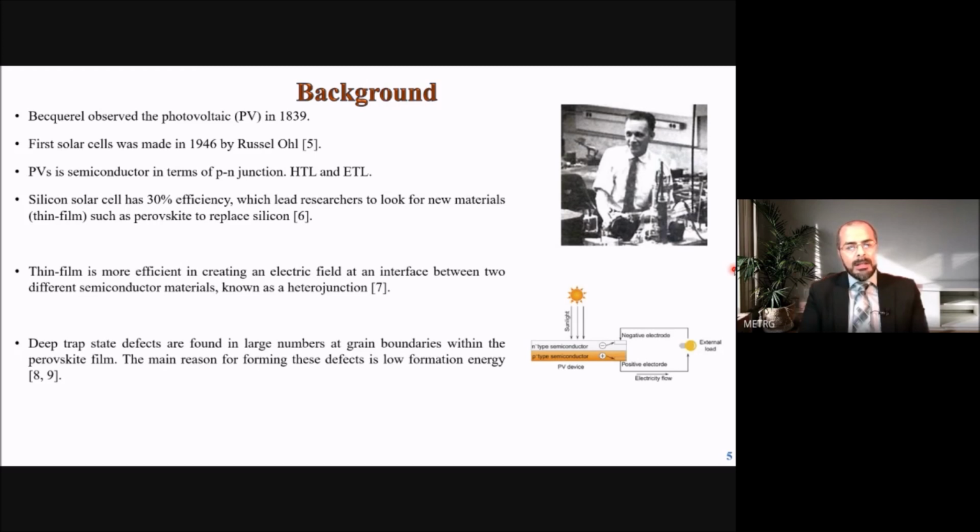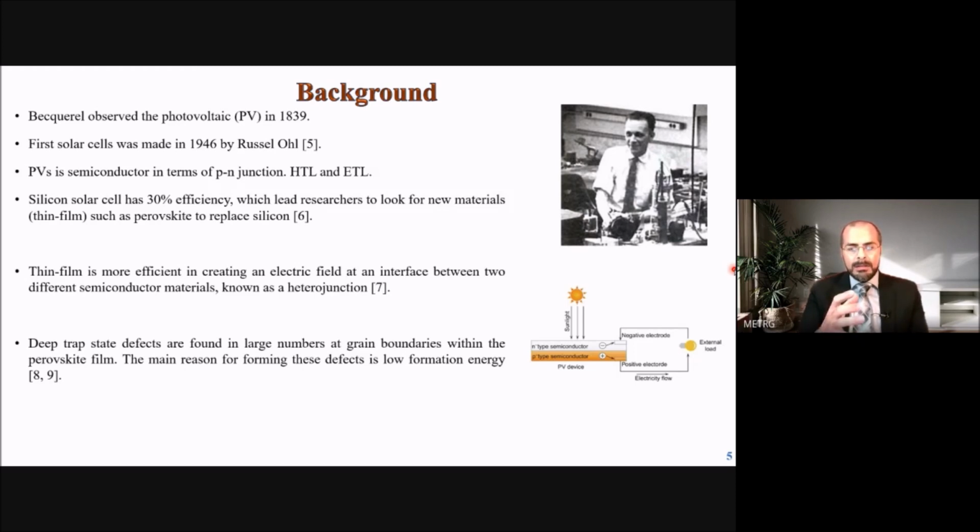So one of the problems or issues that we have in this kind of technology, the thin film solar cells, is deep trap state density. It's a kind of trap that holds electrons or holes, and they reduce the performance of these solar cells.